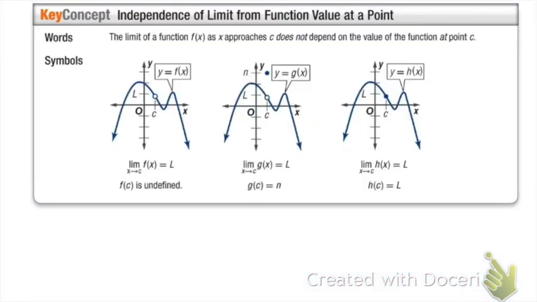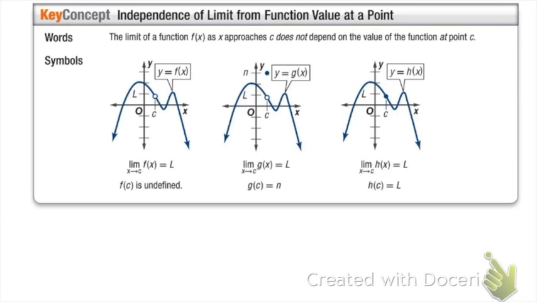Another thing with limits is that the limit is independent from whatever the function value would be at that point. If you look at the graph on the left, you will notice there's a hole where x is c. That means f of x at c is not defined there. You don't get a y value back.